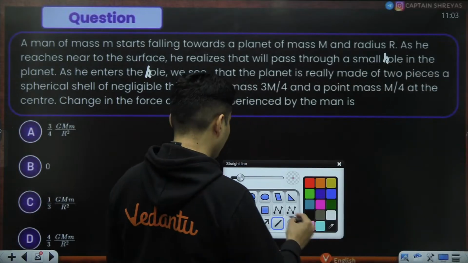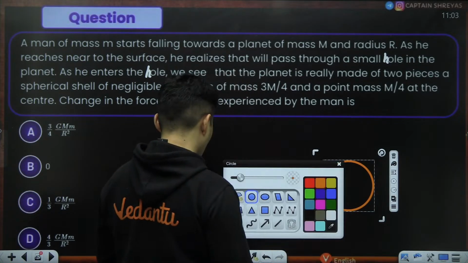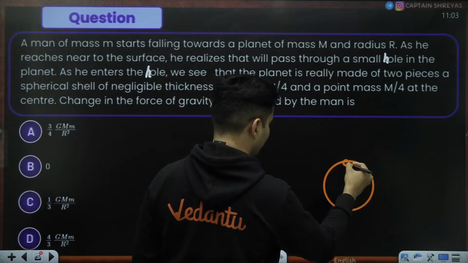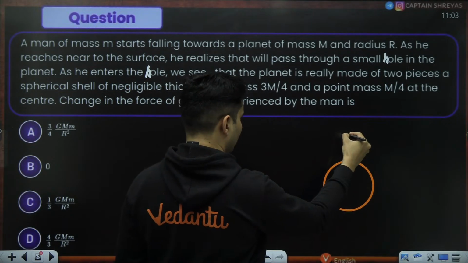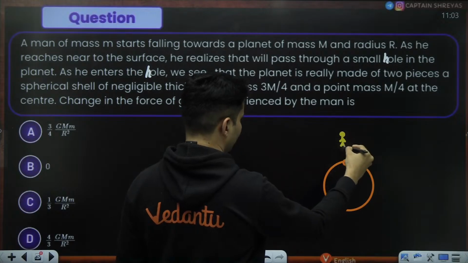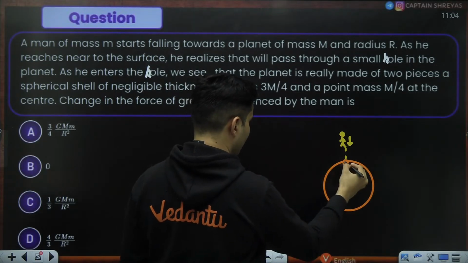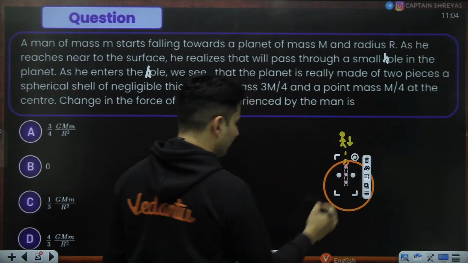Let's understand it. So he originally feels that he is on a planet with a small hole in it like this, and this person is falling down and he will pass through that small hole. There will be a change of behavior.